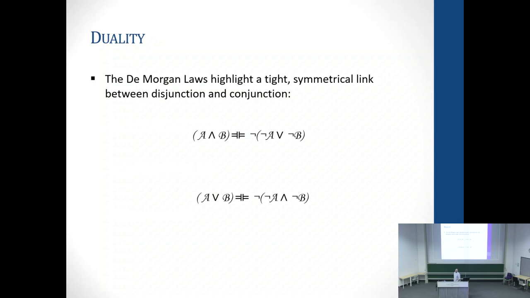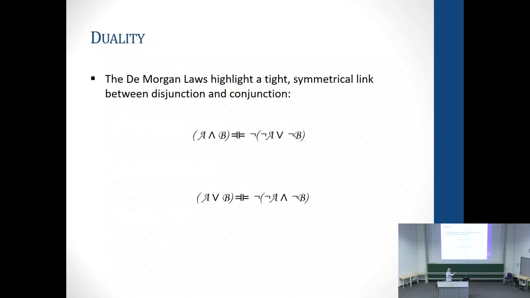So the place to start here is to note the De Morgan laws. Remember, we have these as additional rules in our natural deduction systems, and they let us manipulate sentences of certain structures. In particular, we have a mapping between conjunction and certain forms of disjunction. So if you have a conjunction, it's going to be logically equivalent to a disjunction with two negations.